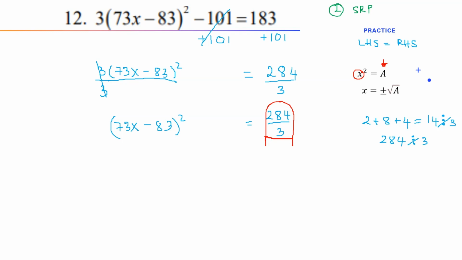So we will have 73x minus 83, that's the big one, equals the square root of 284 over 3, or 73x minus 83 equals minus the square root of 284 over 3.